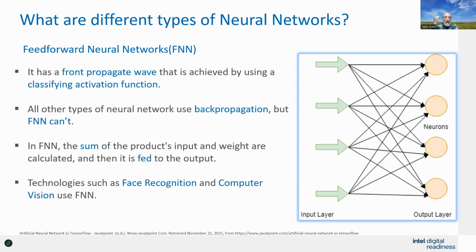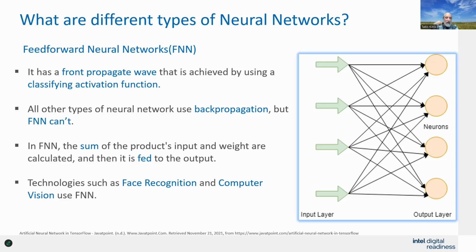It says here it has a front propagate wave, by using the activation function. So we're basically looking at the input values, seeing if they meet the threshold, and if they meet the threshold, then we have the output. We're using that function. And so notice all the other neural network types use what they call back propagation, but this one can't.